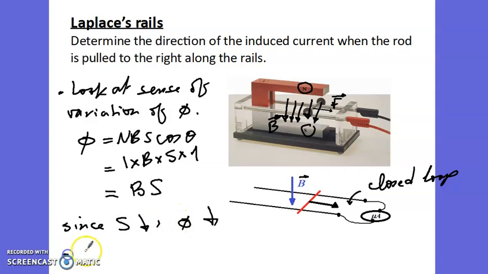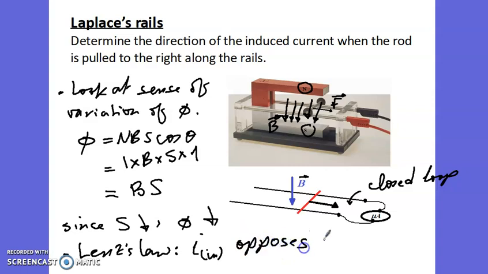Step 2, we apply Lenz's law. You know that the induced current always opposes the variation of the magnetic flux. So I induced opposes the decrease of flux. Right?